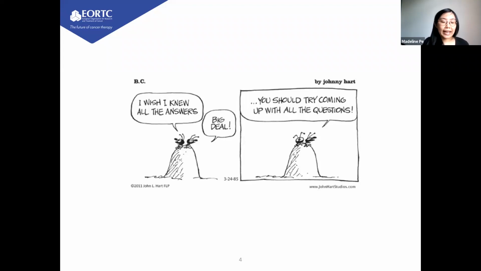So in the next few slides, I will be presenting to you a really brief history on how the EORTC Quality of Life group answered the question, how could we assess patients' quality of life in cancer clinical trials? And how this question ended up in the development of the widely used questionnaire in cancer trials, which is the EORTC QLQ-C30, its disease-specific modules, and now, of course, the EORTC item library. Next slide, please.